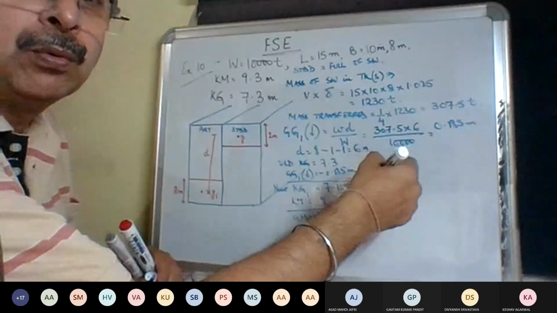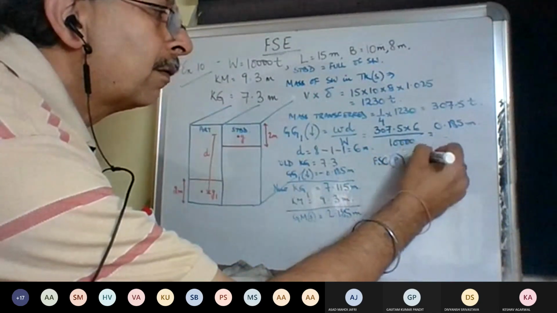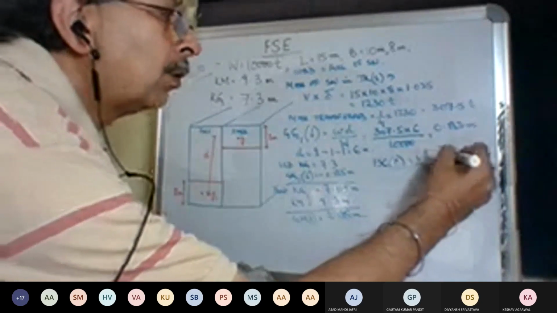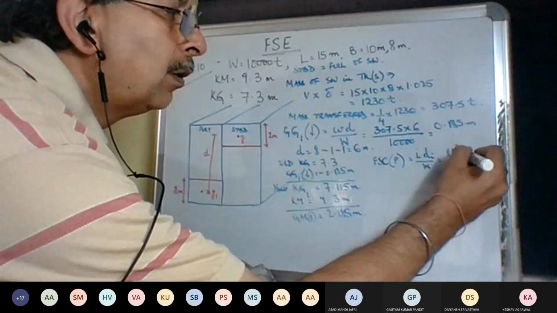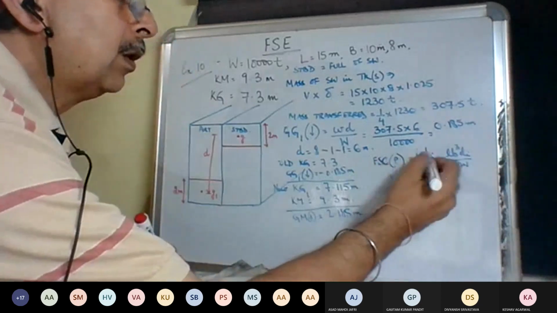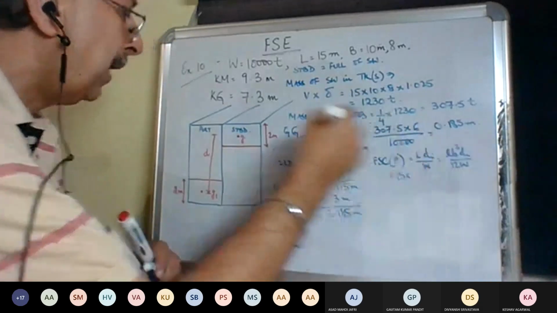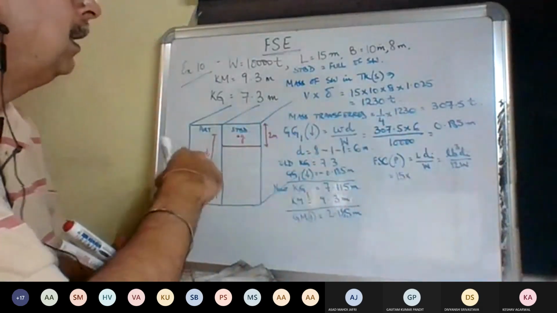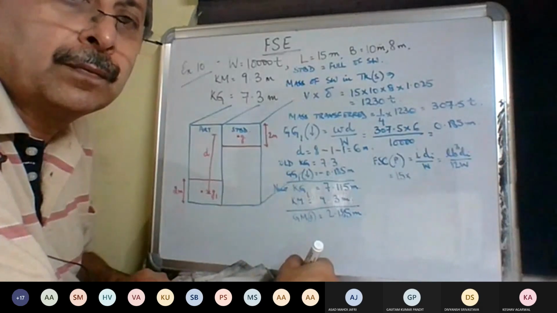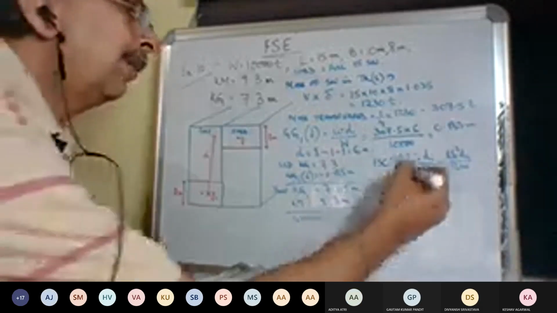It will be equal to I density by W, which is equal to L B cubed density upon 12W. Length 15. Breadth will be how much? Sir, 10 meters.